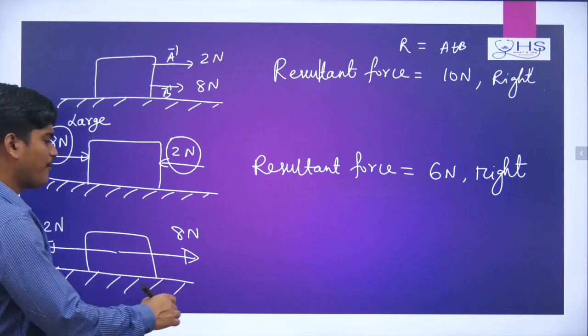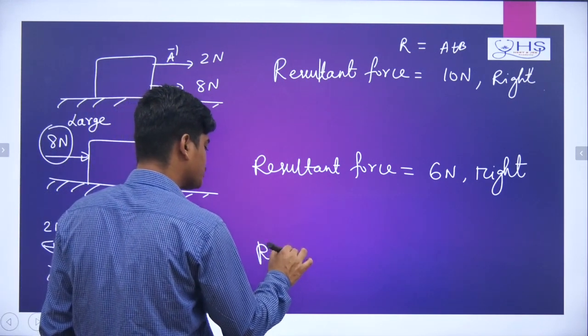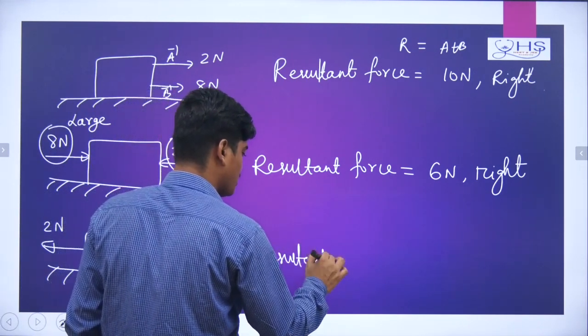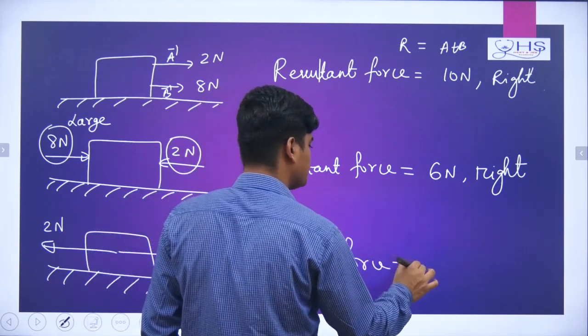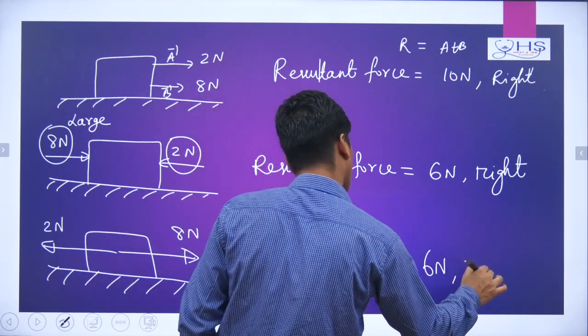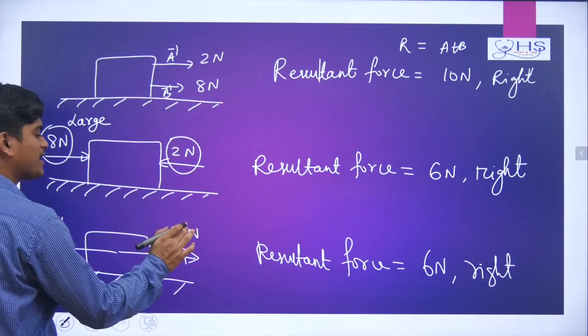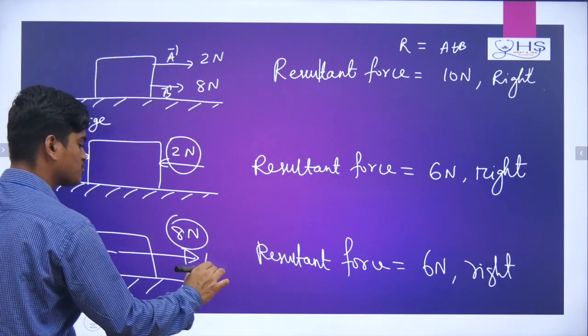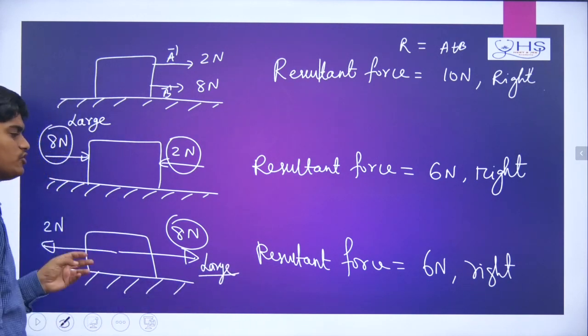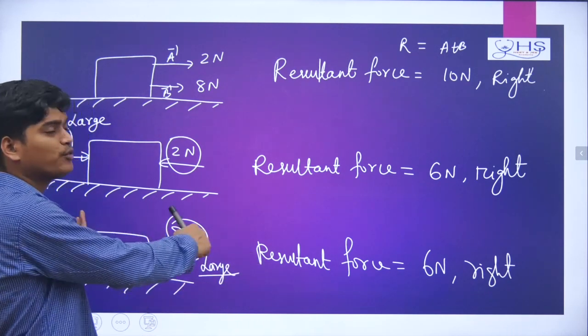So here the same thing will happen. Resultant force is 6 Newton towards the right. Why? Because this is your small force, this is the large force, the large magnitude. So the net direction will be in the direction of the large force when they are opposite.